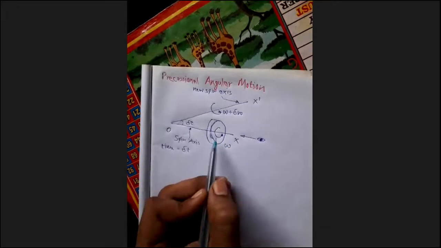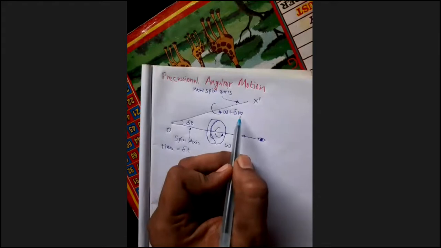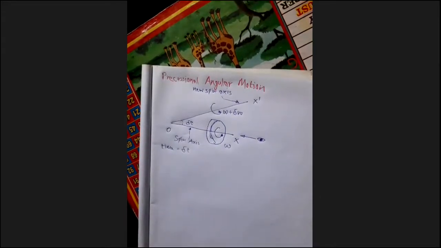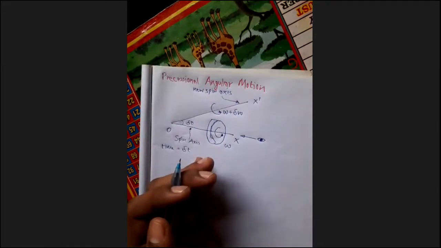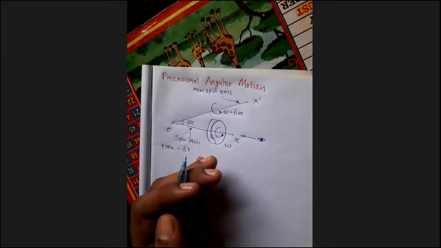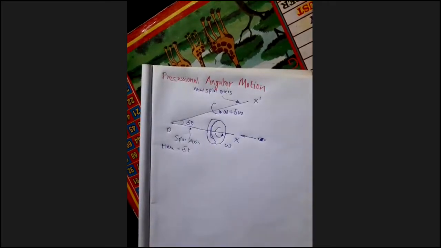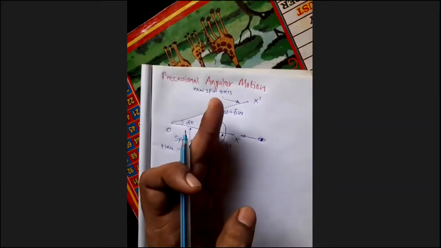Now the angular velocity has changed from omega to omega plus delta omega. This disc is actually perpendicular to the plane of the figure, the plane of the paper.